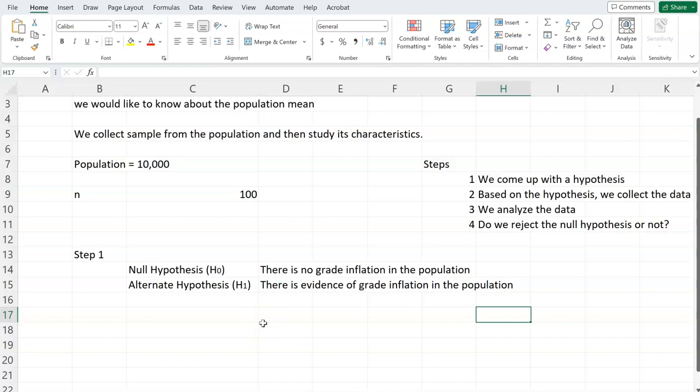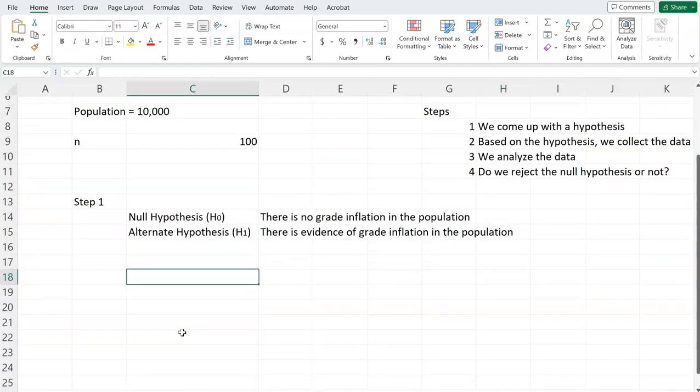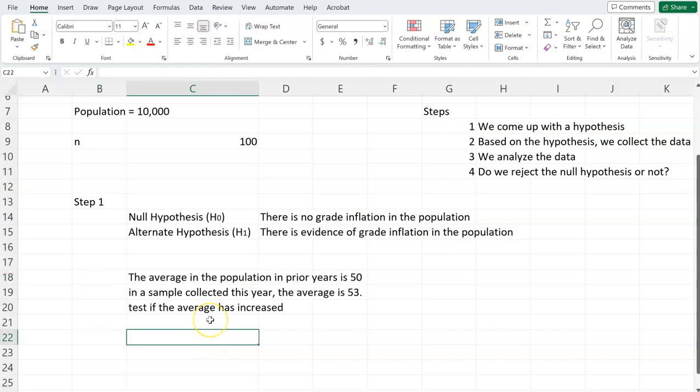Let me show another example. Let's say we are looking at this statement. There's some population, and in prior years the population mean was 50.